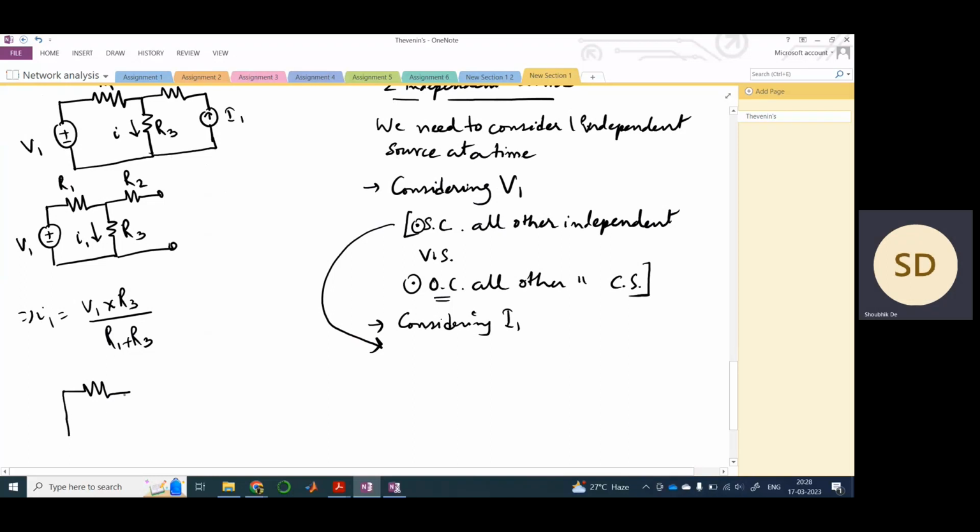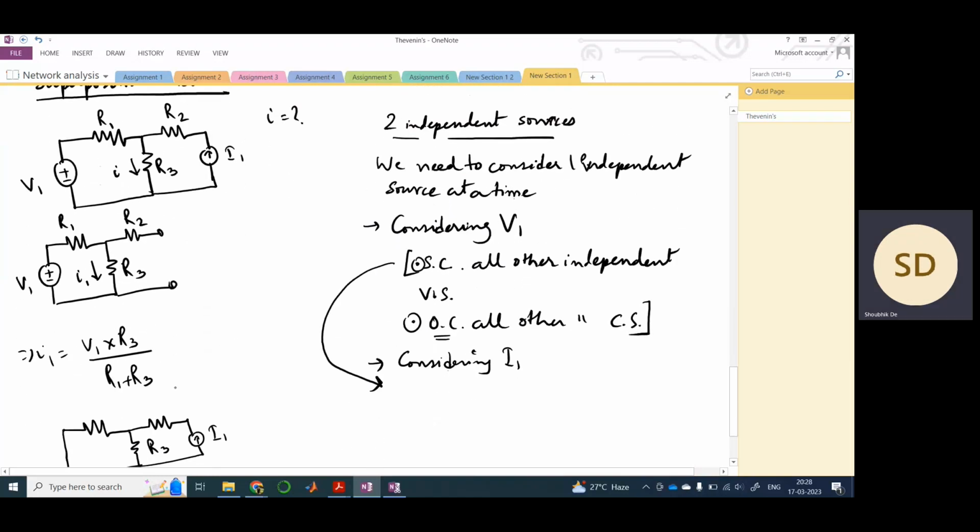In the circuit this is R3, this is R2 and this is R1. Let's say this is I2. What would be I2? This is simple current divider rule, over R1 plus R3. Therefore your I would be I1 plus I2.